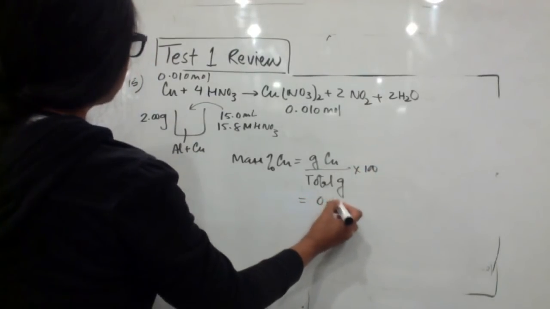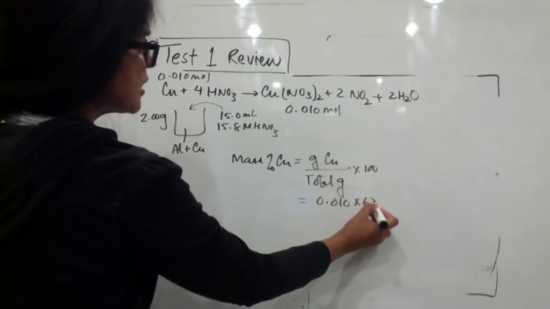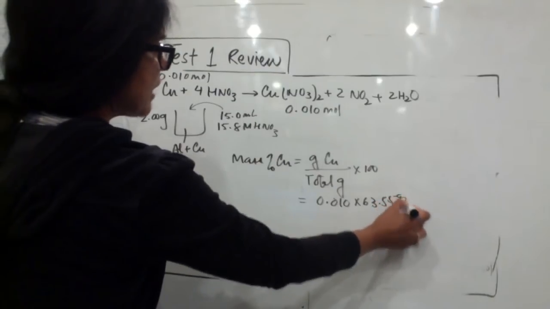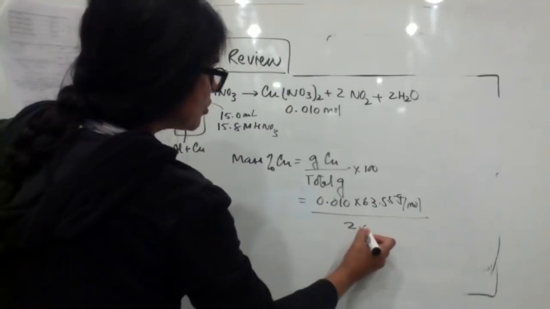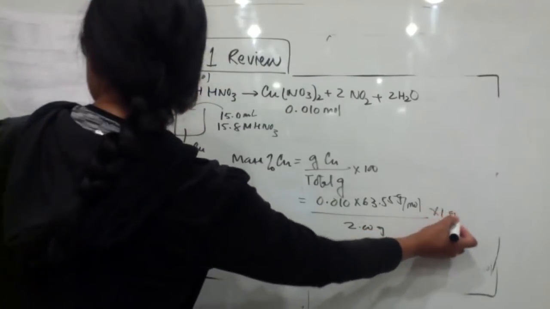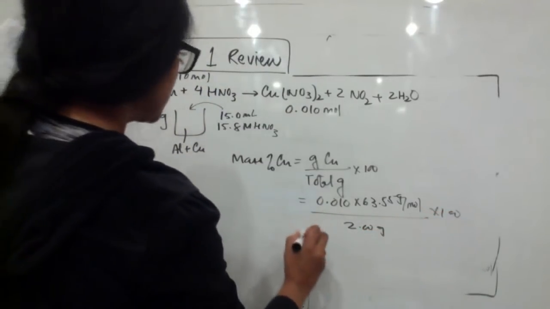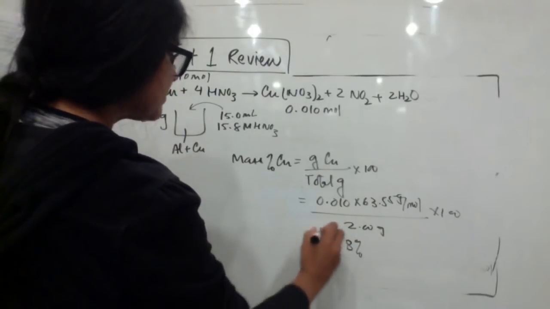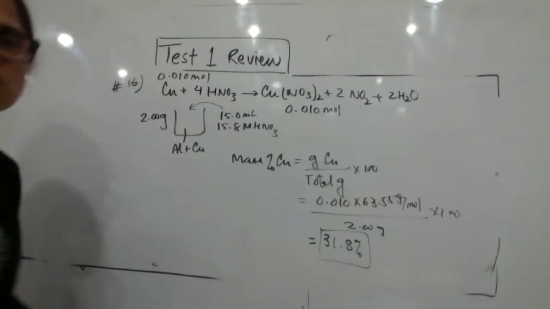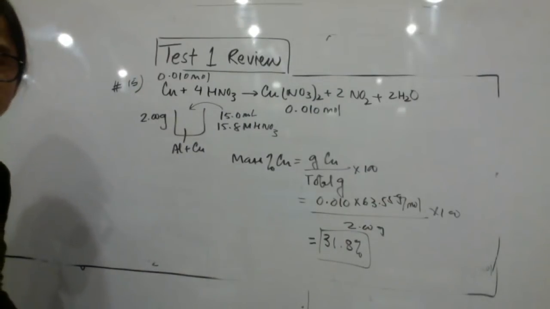Grams of copper will be 0.010 times 63.55 grams per mole, and the total grams are 2 grams, times 100. That gives you a mass percent of 31.8%. So all the rest was useless information.